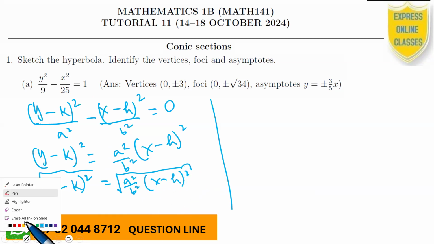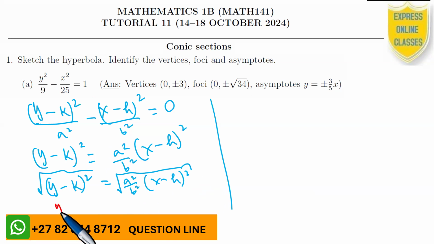Then in the end, it becomes a over b for the general translated rectangular hyperbola.